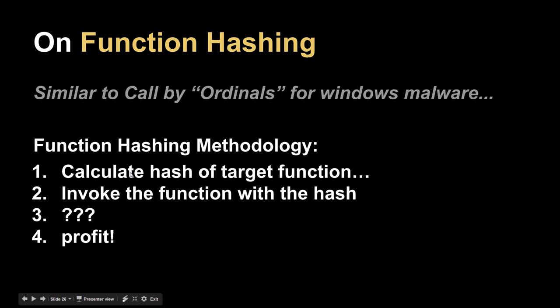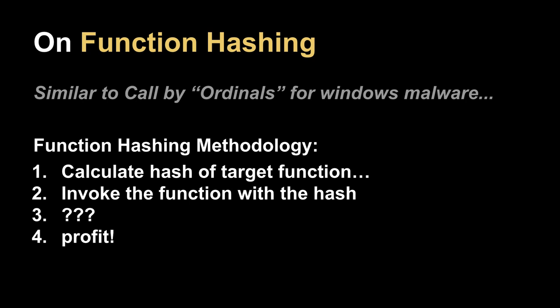So let's cover function hashing, because we just talked about it a lot. This is very similar again to calling functions by ordinals for Windows malware, and the methodology is simply to calculate the hash of the target function before deploying the exploit and payload, then iterate through the library memory space, that memory segment, looking for the function hash. You may be able to start at a fixed location where your identifiers would normally occupy, and then compute the one-way hash iteratively.